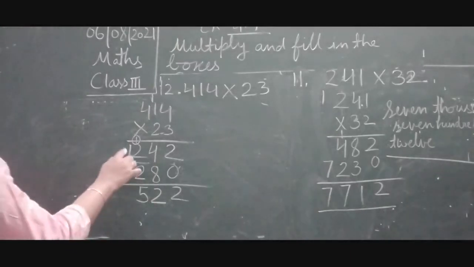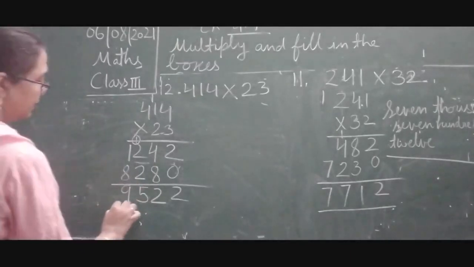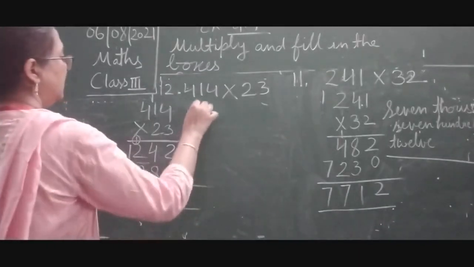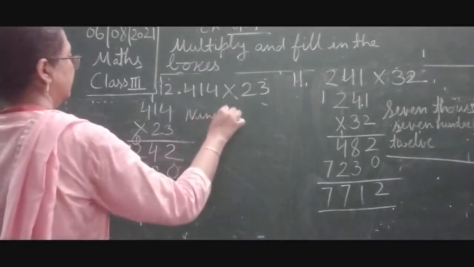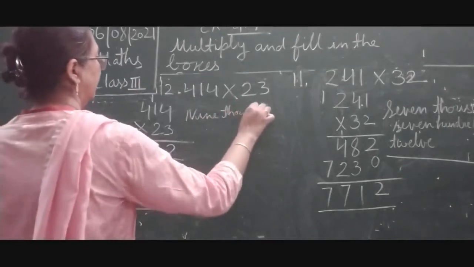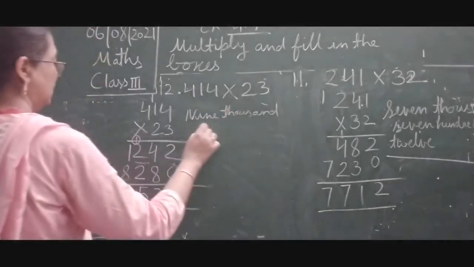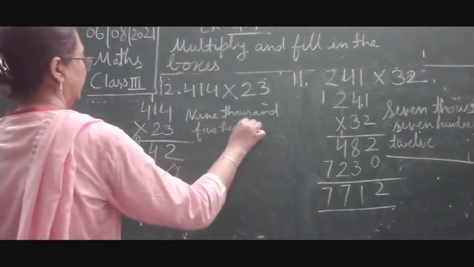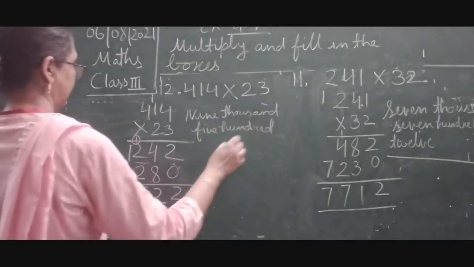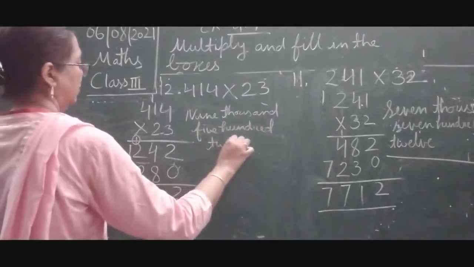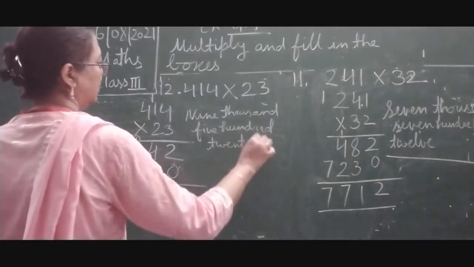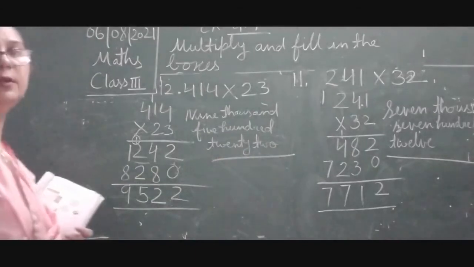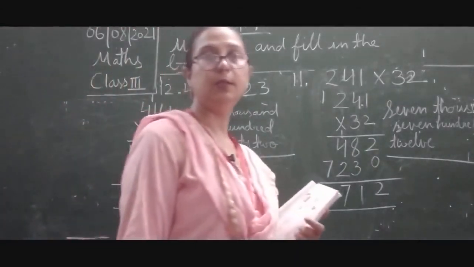So 8 plus 1 is 9. So we will get the answer 9,522, children. 9,522 is the answer, children.